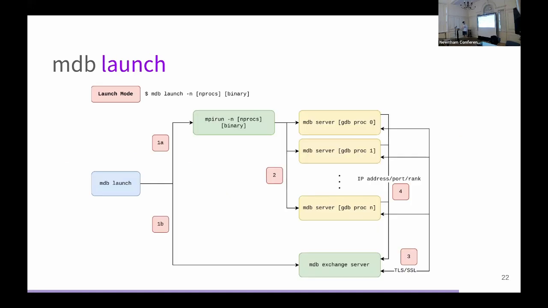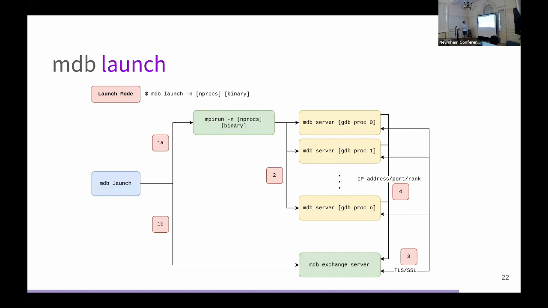So what does launch do? Well, first of all, it wraps around this MPI run that we saw earlier, or MPI exec. If we say, oh, we want to run a program with 12 processes, it will launch 12 instances of GDB, one for each process.